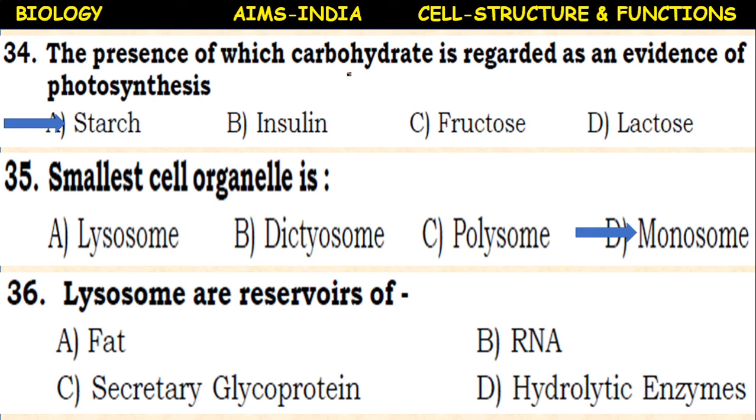Lysosomes are reservoirs of fat, RNA, secretory glycoprotein and hydrolytic enzymes. As we studied, lysosomes are bag like structures which are filled with different enzymes, a group of hydrolytic enzymes.